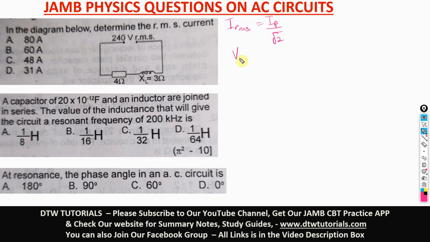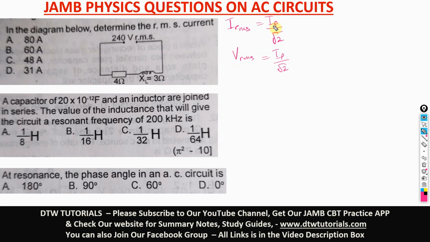The root mean square voltage, that's Vrms, is equal to Vp over the square root of 2. And when they say root mean square, they mean the effective value of current or voltage in this circuit.